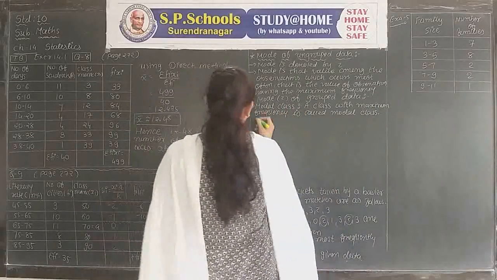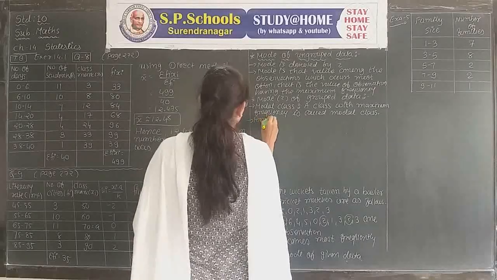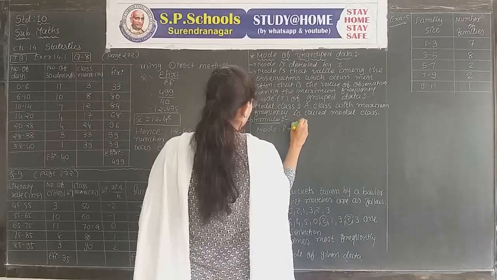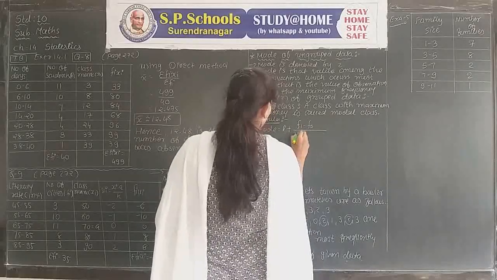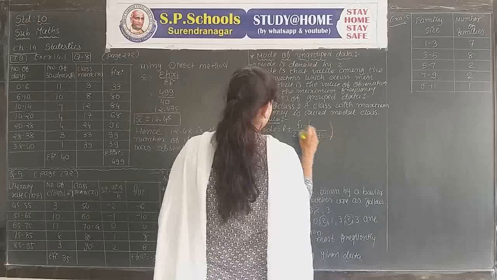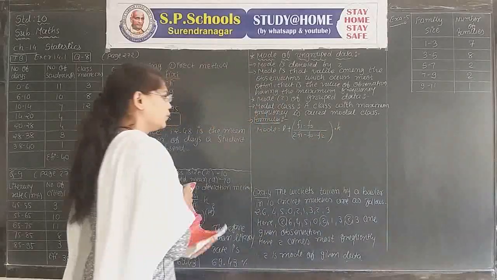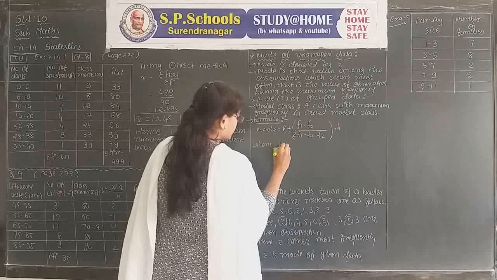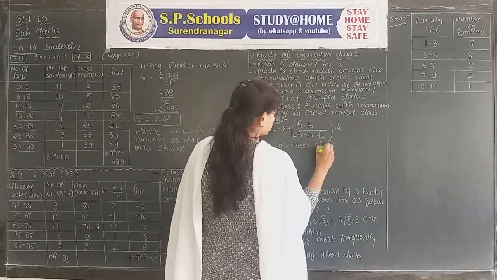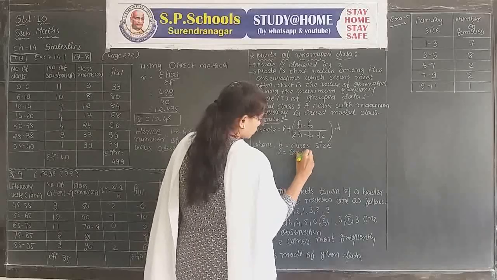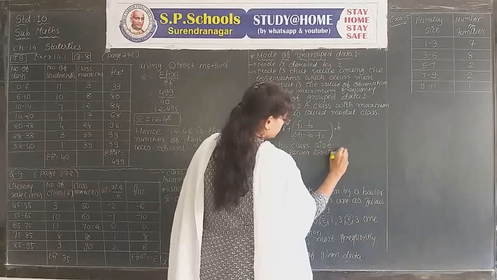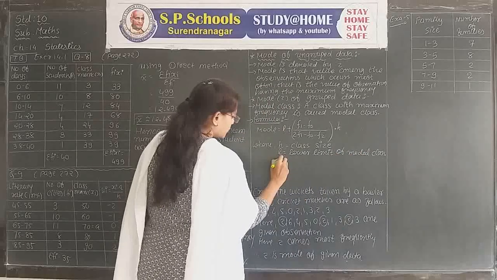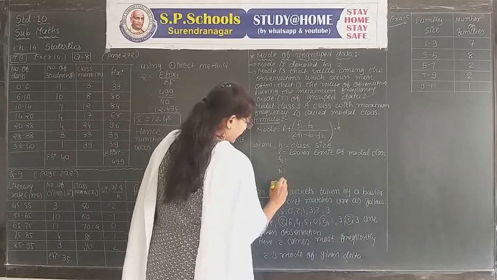Now the formula to find the mode. Formula: mode is equal to L plus F1 minus F0 upon 2F1 minus F0 minus F2, into H. It is the formula to find the mode of data, where H is the class size, L is the lower limit of the modal class, and then three things F0, F1 and F2 come.